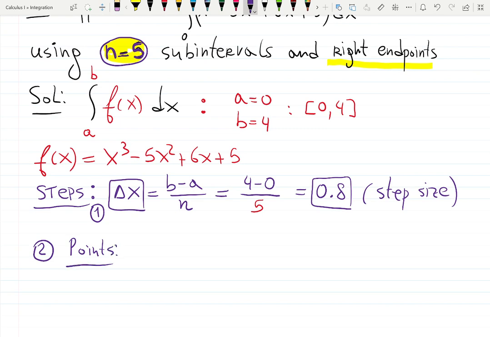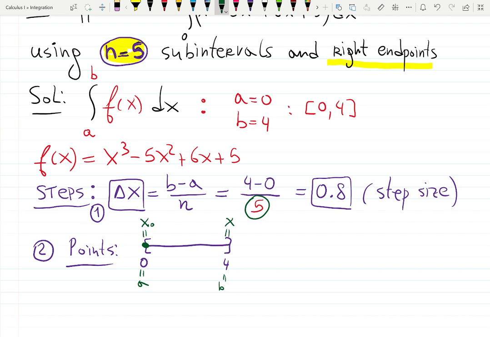So I like to make a sketch for students. Here's the interval. It's a closed interval from a to b, from 0 to 4, where 0 is a and 4 is b. Now we know that we're dividing this interval by 5 and the step size is 0.4. So the first point, which we may call a sub 0, or let's call it x sub 0, the first point, while the last one x sub n, and then we'll have to figure out what n is.